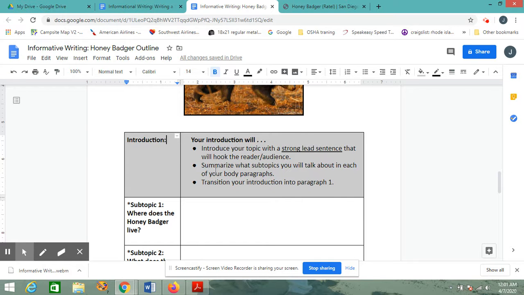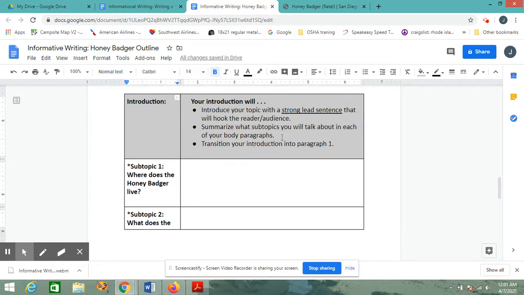So let's read this real quick. The introduction as a whole will be its own paragraph. It will introduce the topic with a strong lead sentence that will hook the reader, the audience. It will summarize the subtopics that we're going to talk about in each body paragraph. And it's also going to transition from the introduction into subtopic one.